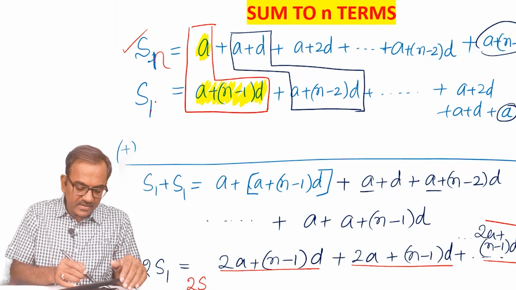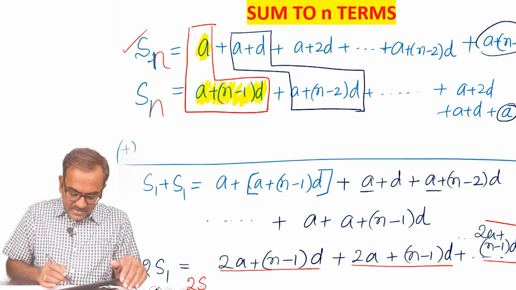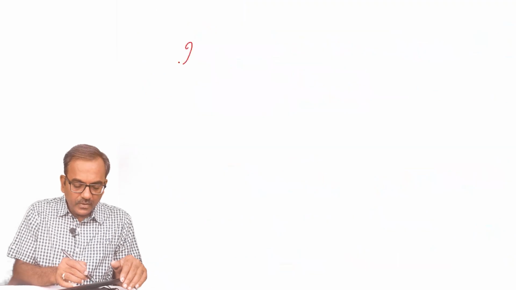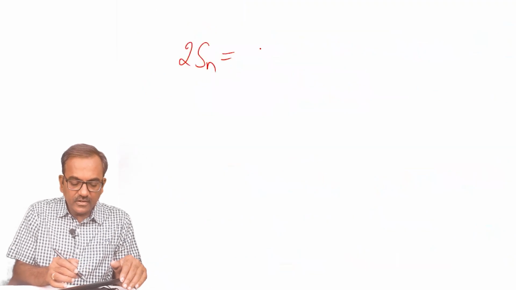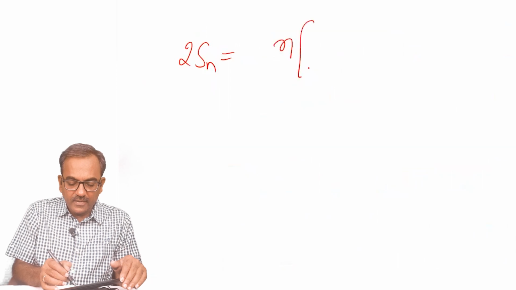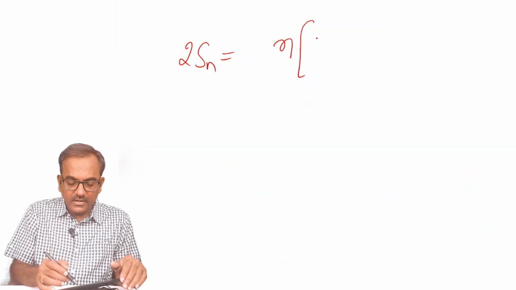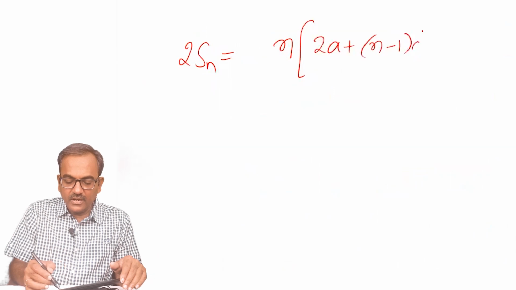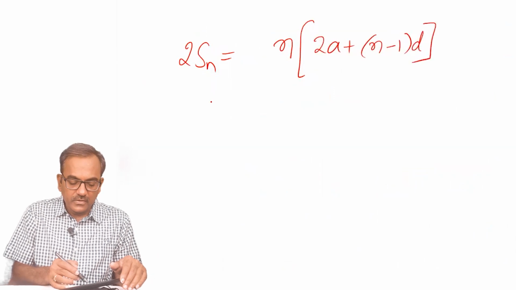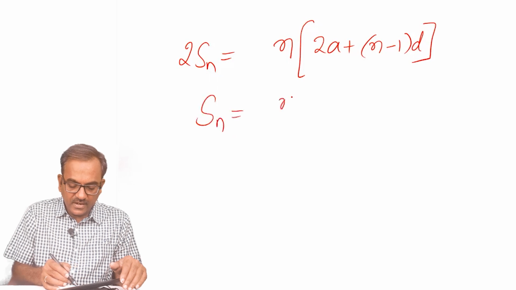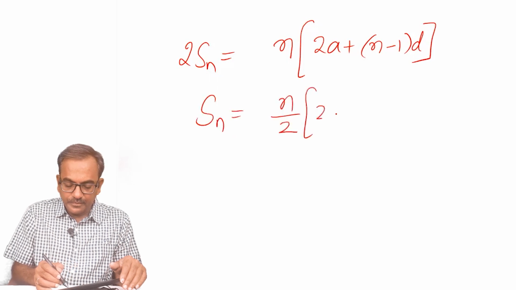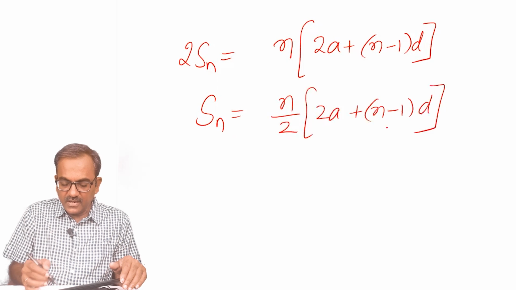So 2S1, I'll write it as Sn, 2Sn is equal to n times 2a plus n minus 1 times d. So Sn is equal to n by 2 times 2a plus n minus 1 times d.